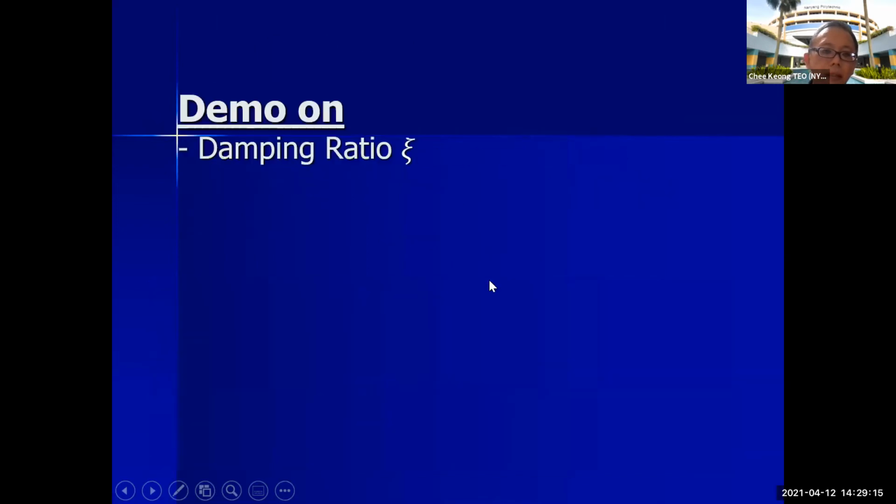Okay. So now I'm going to show you the damping ratio, one of the VI that has been created for demonstration of damping ratio. Without further ado, let me go and turn on the transfer function, and I stop sharing here.